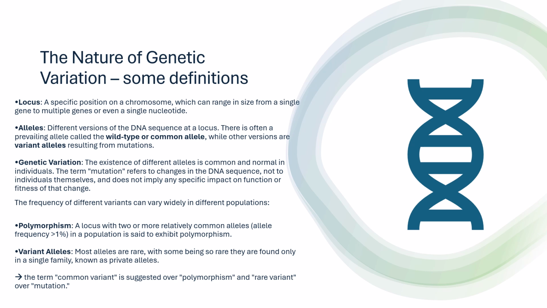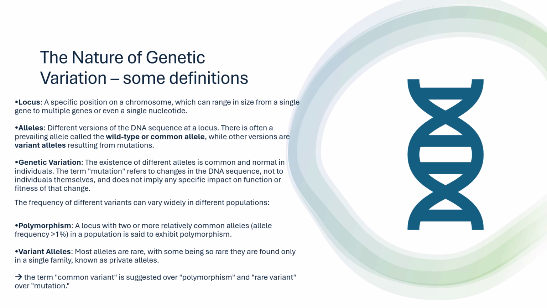And if a mutation happens at that locus and that results in a different DNA sequence, for example CBA, and by mutation I refer to changes in the DNA sequence that don't imply any specific function or fitness at that location or on that sequence, we call the sequence a variant allele.